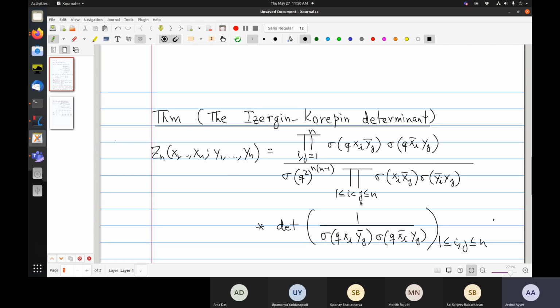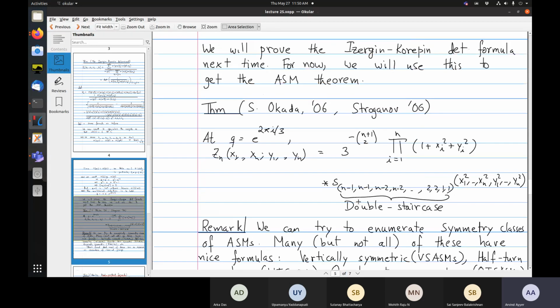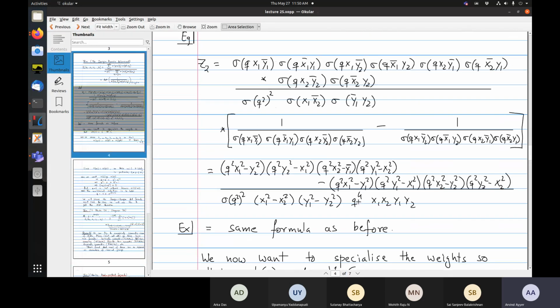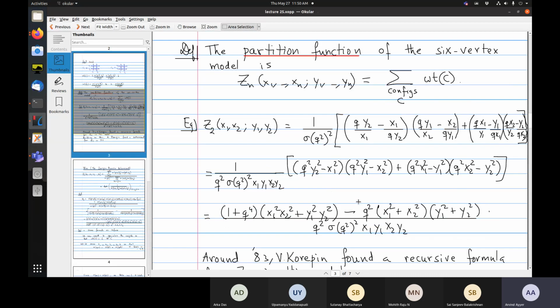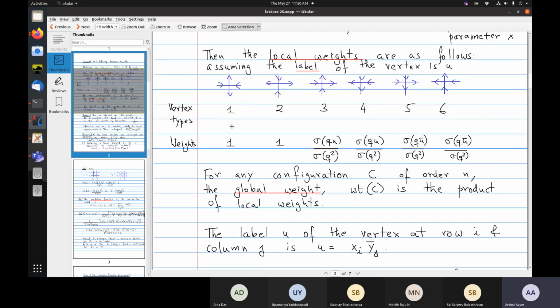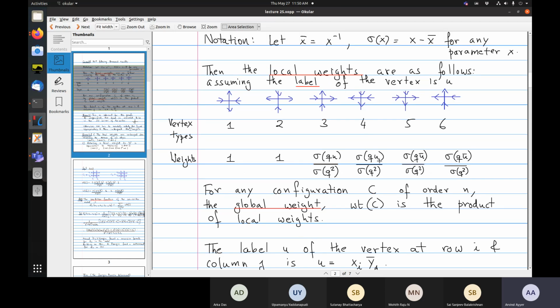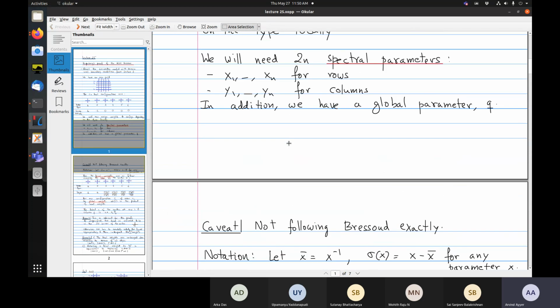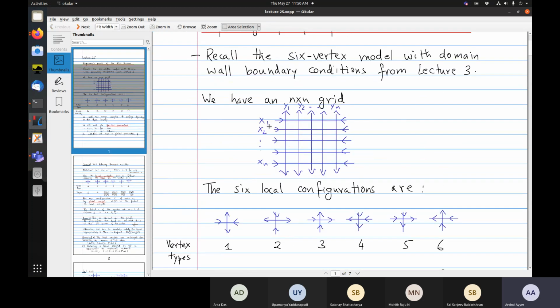But if you go back to the original formulation, which is here, you give all these funny weights, and you multiply out such weights for each configuration, and you give row and column indices like this.